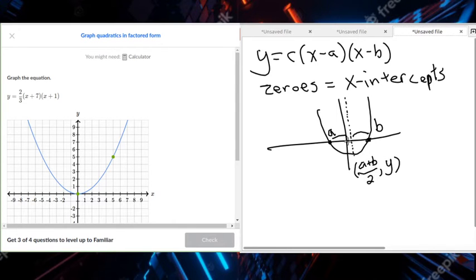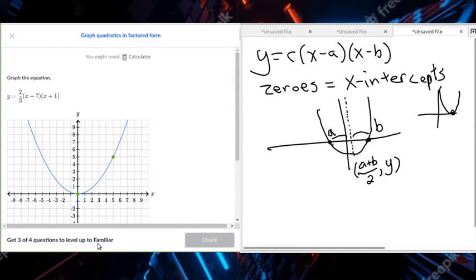And if there's only one intercept, then that is the vertex. That means it's going to look like this, and that point is right on there. So if there's one x-intercept, that is the vertex already. But we need to remember that we're going to have to find the average here.